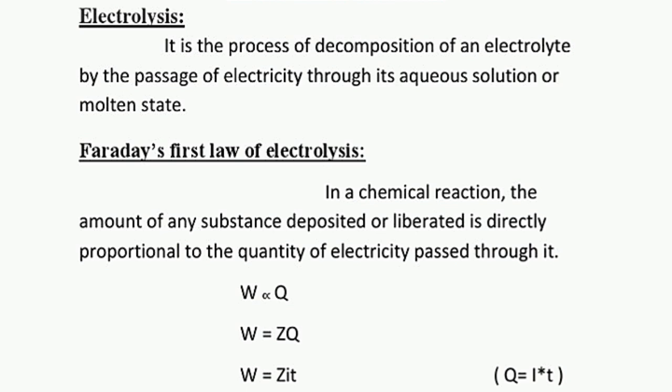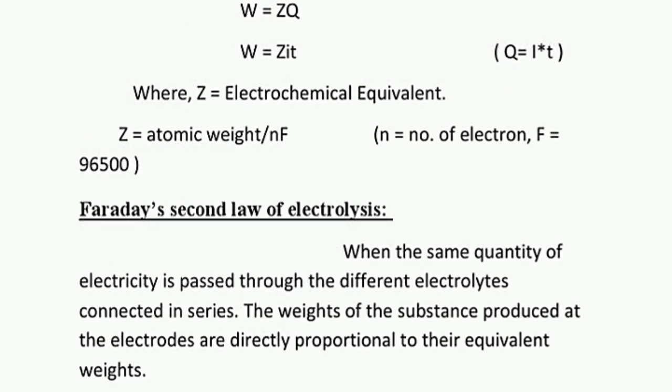So if you want to, you can also use M = ZIT, where Z is a constant with a value of 3.3 × 10^-4, or you'll be given that value in your equations to use and solve. And then the second law of electrolysis states that when the same quantity of electricity is passed through different electrolytes, the relative number of moles of elements that will be discharged are inversely proportional to the charges on the ions. Okay?